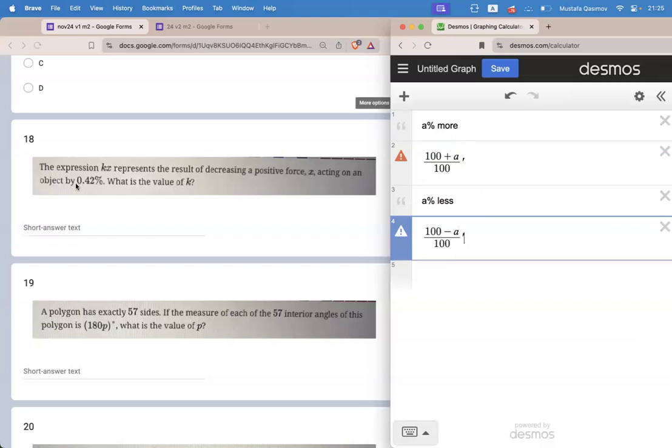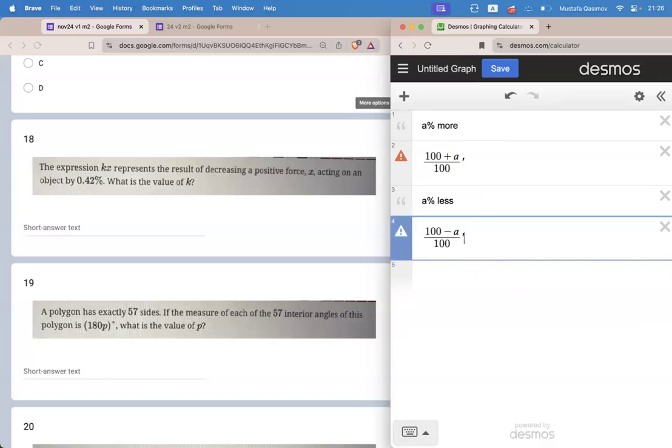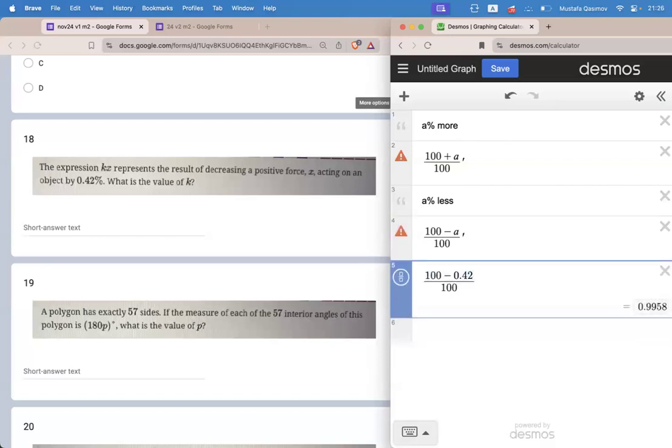So it says that we have to decrease it by 0.42%, so it will be 100 minus 0.42 over 100. So the answer is 0.9958. But in the exam you cannot enter all of them because you can enter up to 5 characters. So that's why you have to write .9958. So it is the correct one.